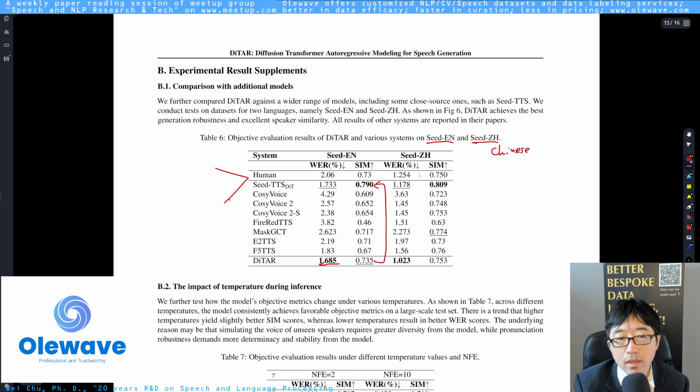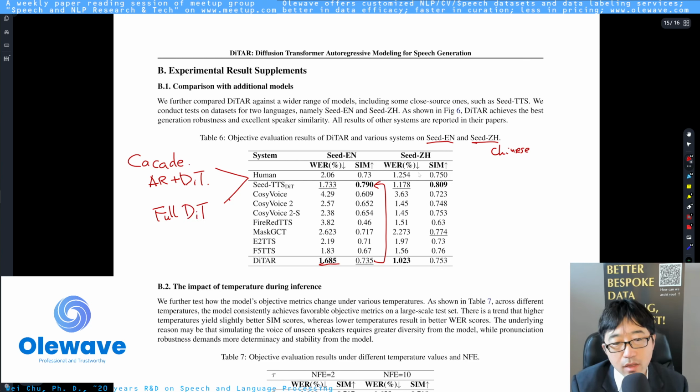Okay, in the Seed-TTS, I believe they have two versions. One version is a cascaded system, which is AR model plus DiT. Also in Seed-TTS, they have something called a full DiT, and the full DiT is not like this one. This one is a joint AR plus DiT, so the architectures are different.